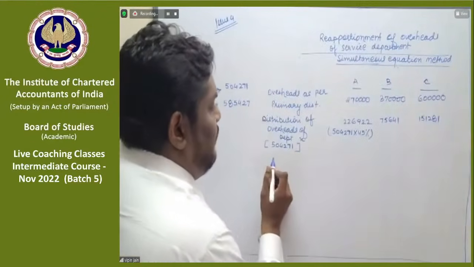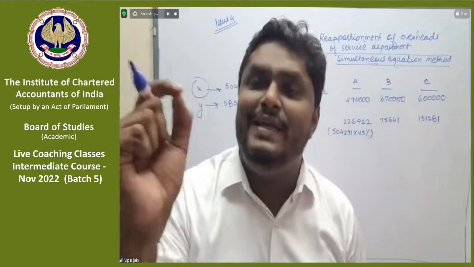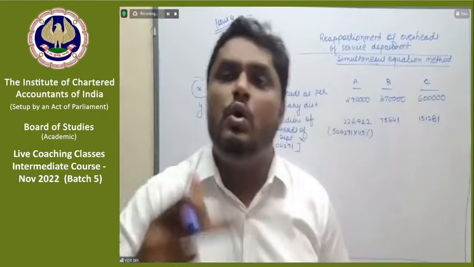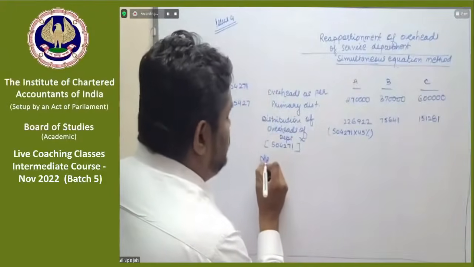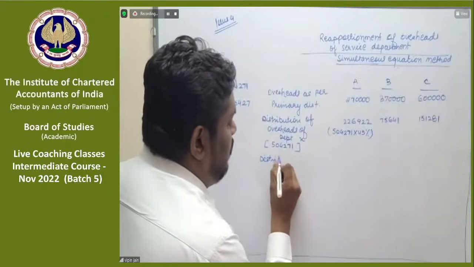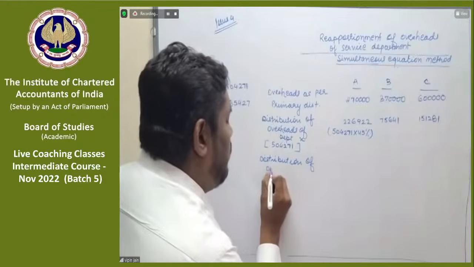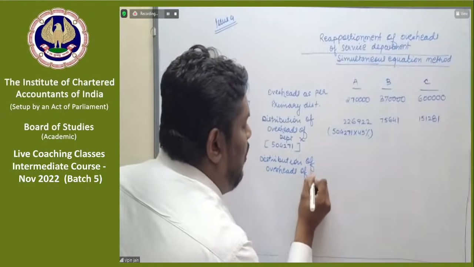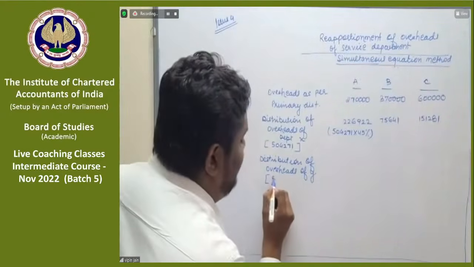Similarly, distribution of overheads of Y. Now guys, do make a note that 10% is already allocated to Y, which is added to Y. So no need to recalculate it, guys. Now distribution of overheads of Y, that is 585427.